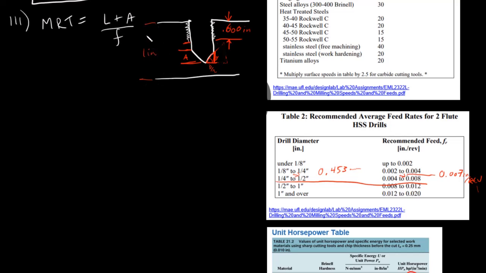So we're okay there. But you could figure out that with your D over 2 and the angle of your drill, you could figure out this height here and be more precise. But A, we're just going to assume A is equal to D over 2, and that's just a base assumption. And then for B, I'm going to call it that in this video.